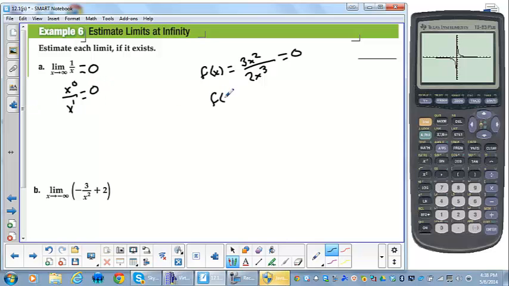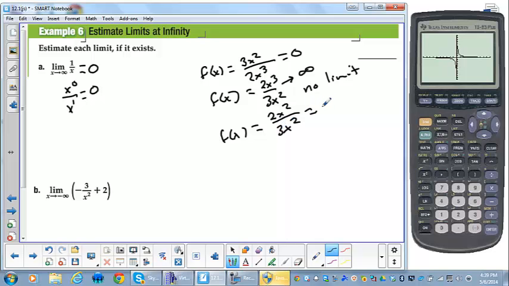With our ending behavior, in other words, as the limit as x approaches infinity, if the bigger power was in the numerator, such as this, maybe, then this is shooting off to infinity. So in other words, we would say no limit in this case. And then if the function was tied with the exponents, let's say 2x squared over 3x squared, then the limit would be 2/3. It would be the coefficient.